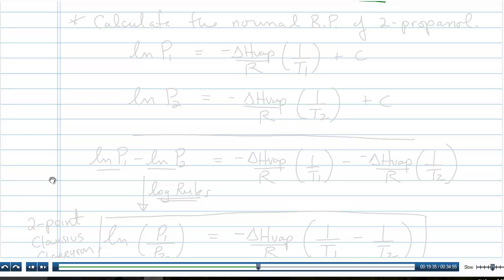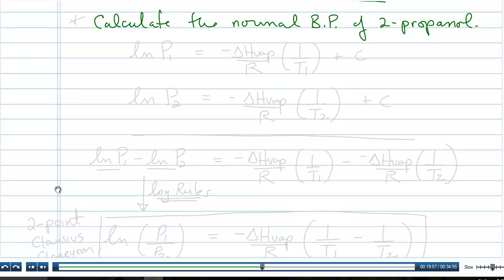For example, let's use the data that we had in our table and the delta H vap that we have here to calculate the normal boiling point of 2-propanol. Okay?